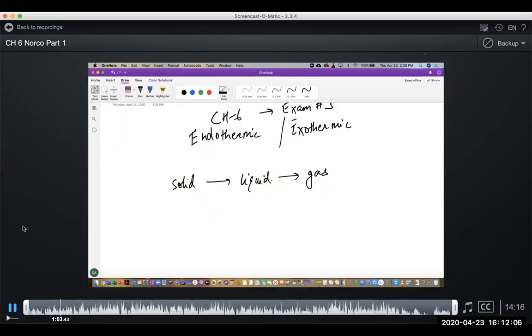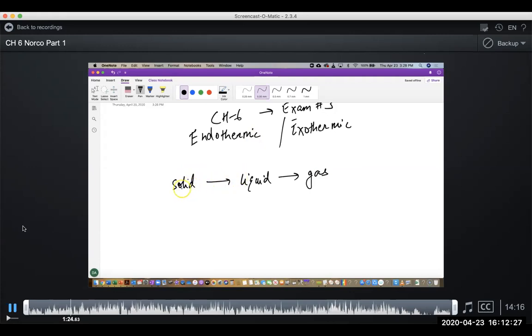If we take our solid water, which is basically ice, what do we do with the ice to change it into liquid water? We basically supply heat. So we put in heat to go from solid to a liquid.